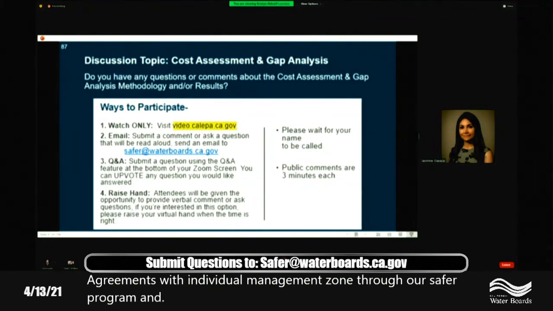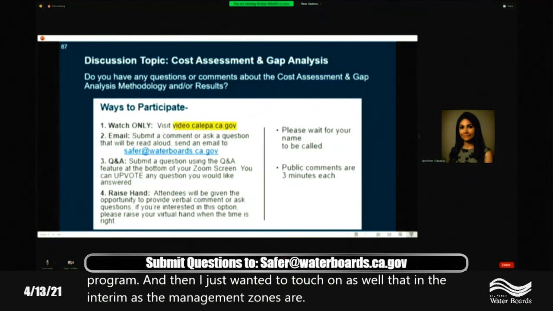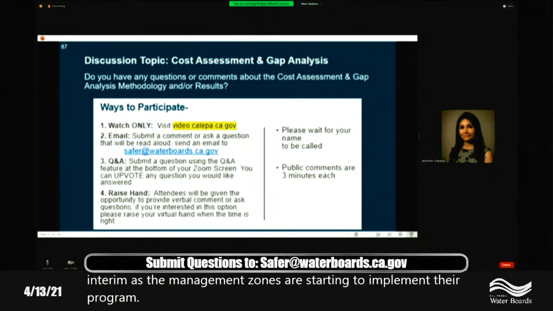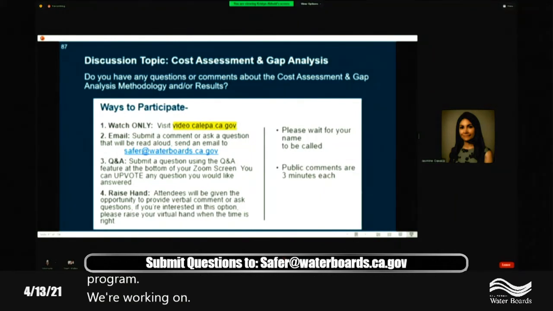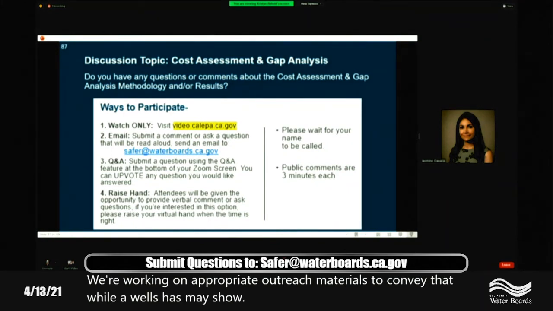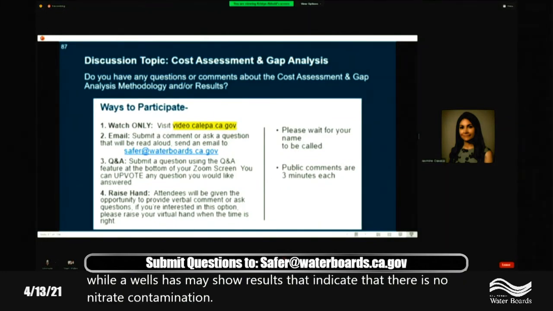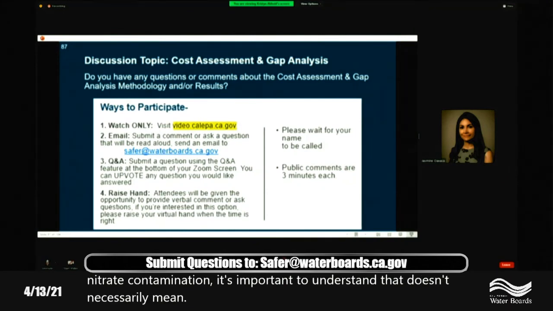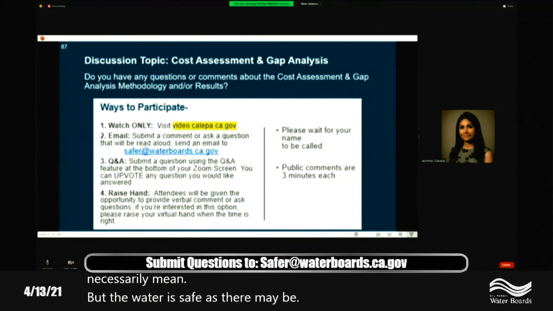And then I just wanted to touch on as well that in the interim, as the management zones are starting to implement their programs, we're working on appropriate outreach materials to convey that while a well test may show results that indicate that there is no nitrate contamination, it's important to understand that that doesn't necessarily mean that the water is safe, as there may be other contaminants present.